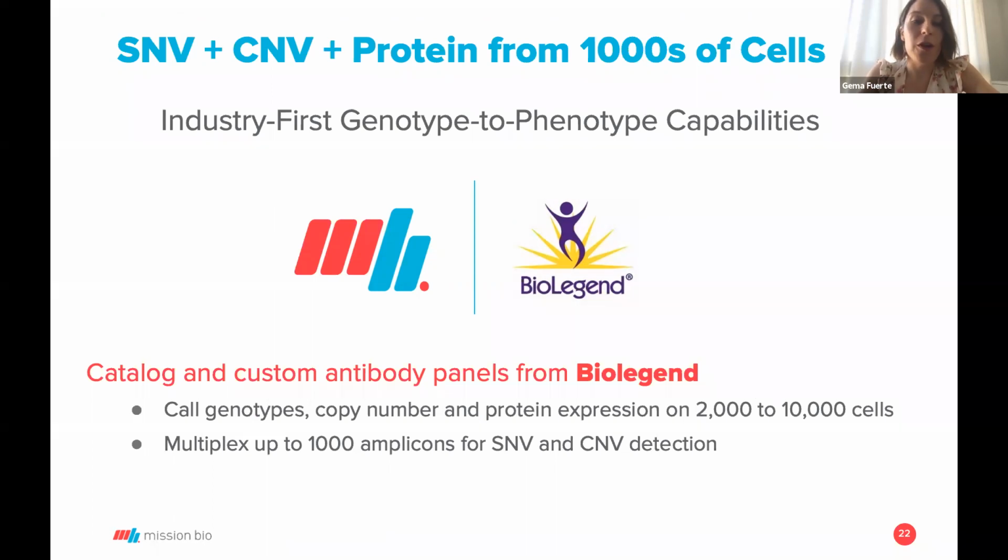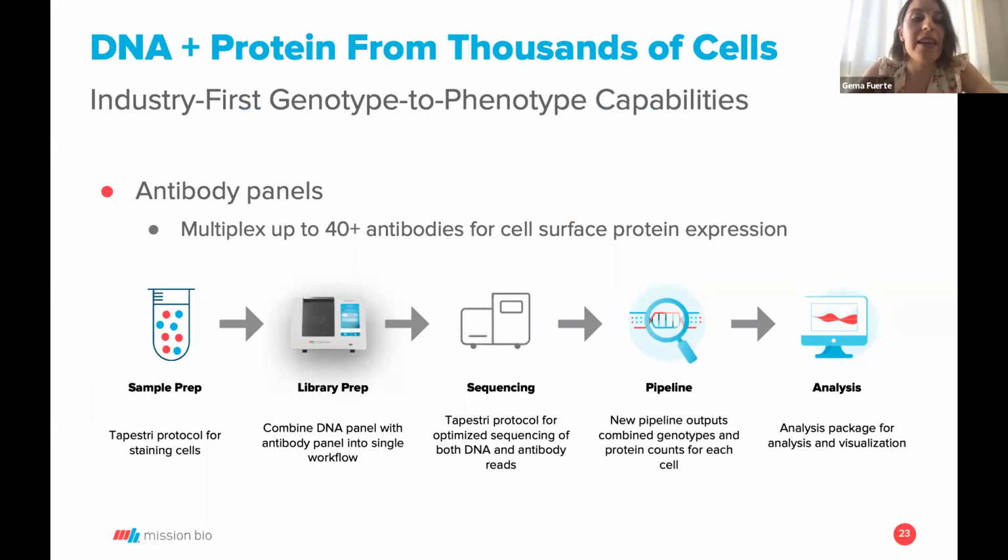The output of the DNA plus protein workflow is between 2,000 and 10,000 cells, and we can do up to 1,000 amplicons. How many antibodies can you do at once? You can multiplex 40 or more antibodies for cell surface protein expression.